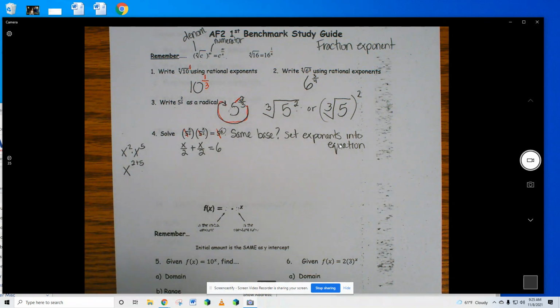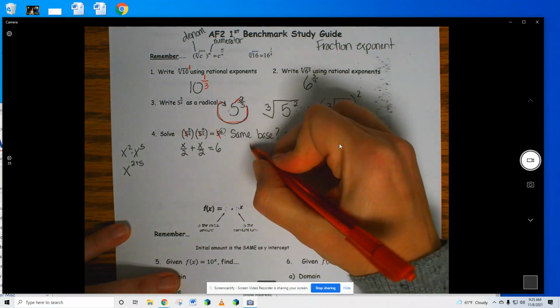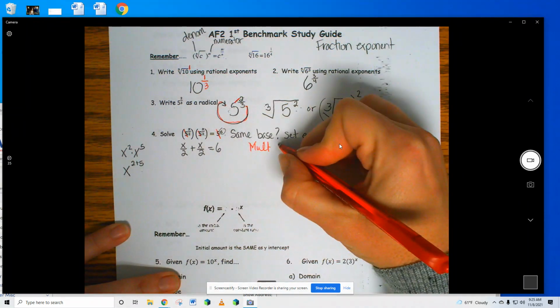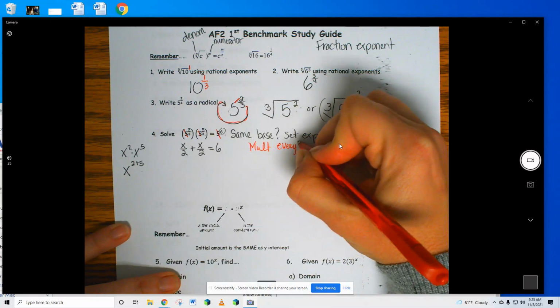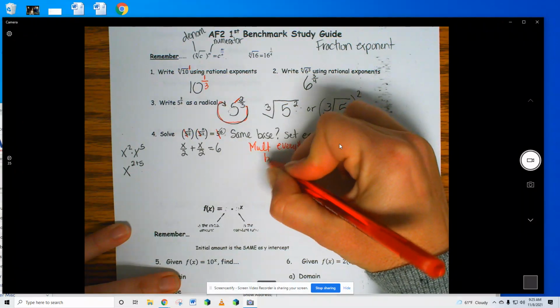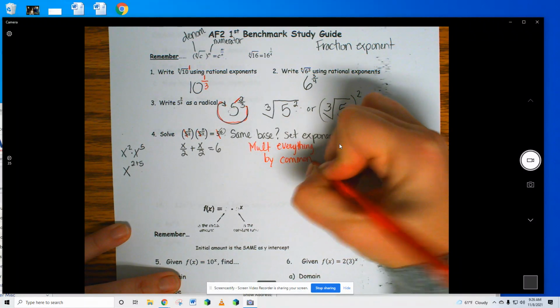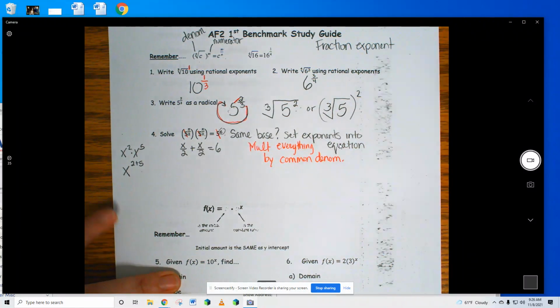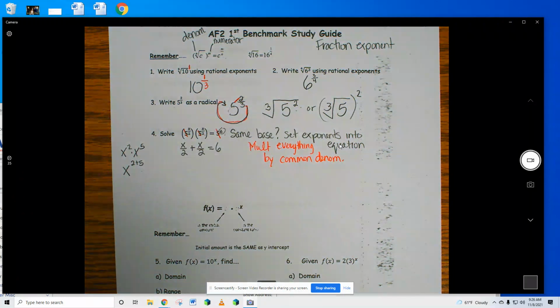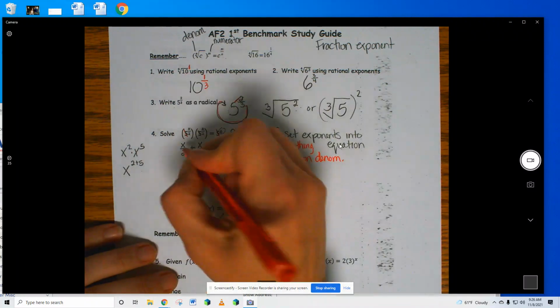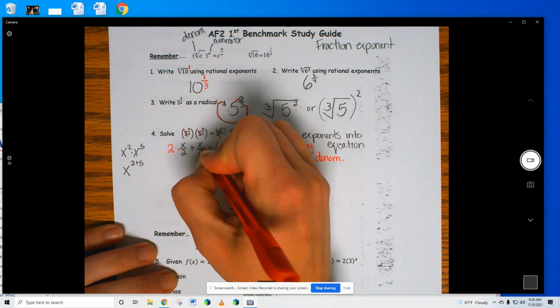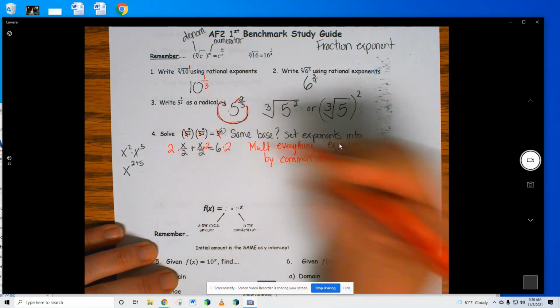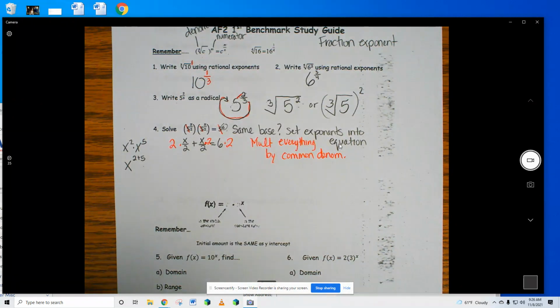You're on the right track. I multiply something, but I need a more specific description. Multiply everything by my common denominator. What's the common denominator of 2 and 2? 2. So I'm going to do this times 2, this fraction by 2, and the 6 times 2. I'm clearing the fraction.